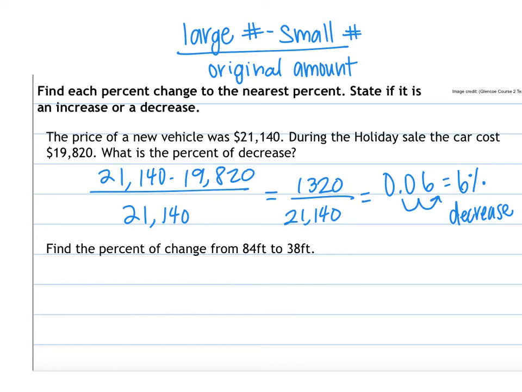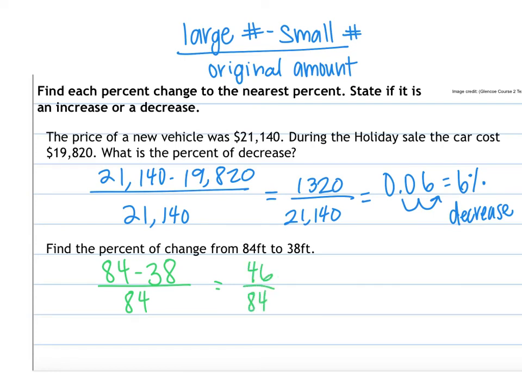Okay. Next one, find the percent of change from 84 feet to 38 feet. So large number minus small number, divide by the original. Since we started with the 84 feet, we're going from 84 to 38. The 84 is the original amount. 84 minus 38 is 46.